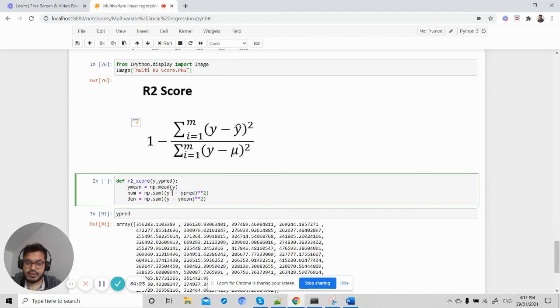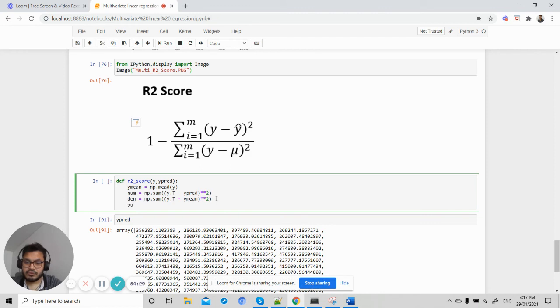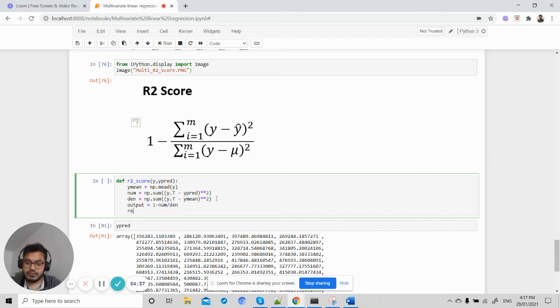So we need to do transpose of this. Okay, transpose of this. So our output will be 1 minus numerator divided by denominator, return output. Okay, so this is how we calculate our score.